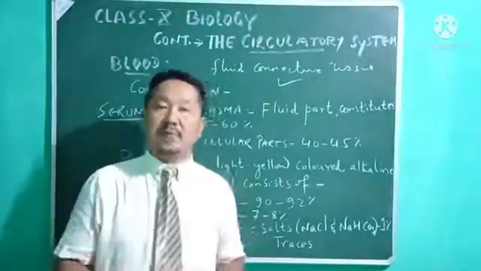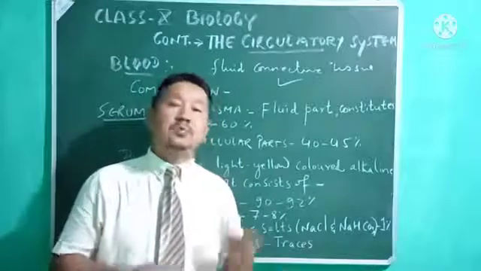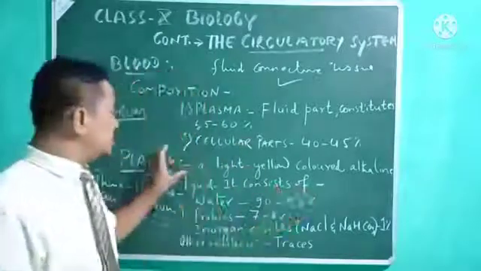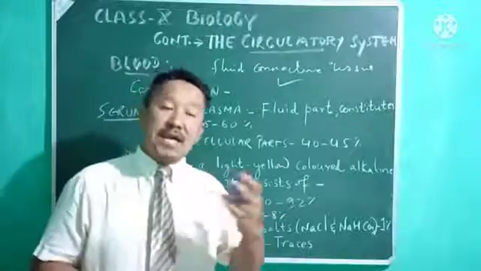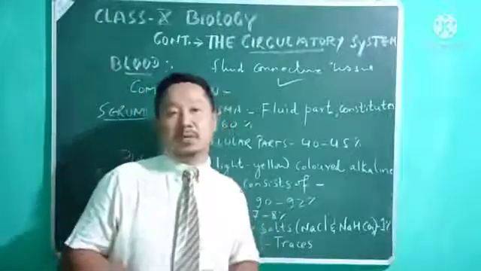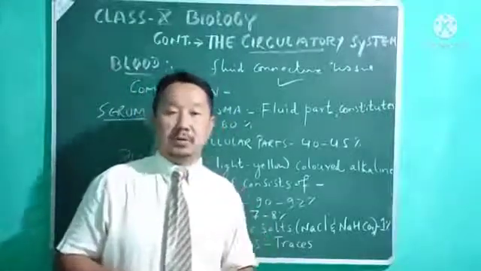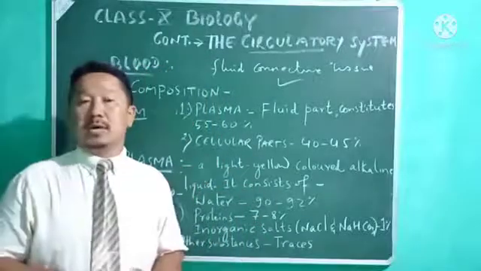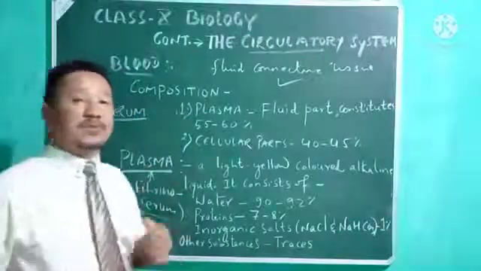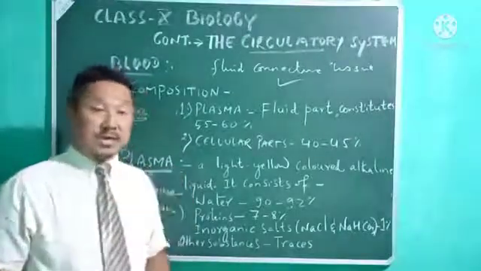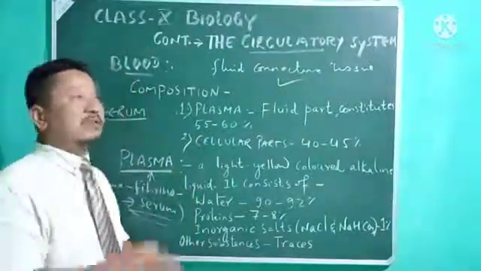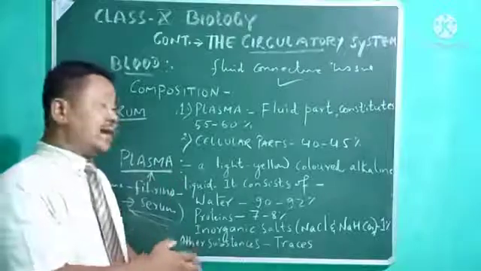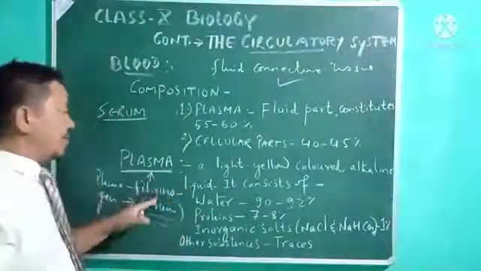What is fibrinogen? Fibrinogen is a protein that you find in the composition of the plasma, which helps in the coagulation of the blood. Okay, clotting of the blood. So for that, fibrinogen plays a very important role. But sometimes, as per our need, scientists can remove the fibrinogen from the plasma.